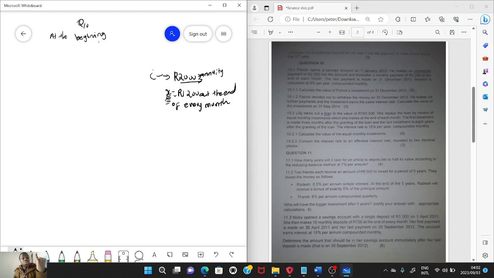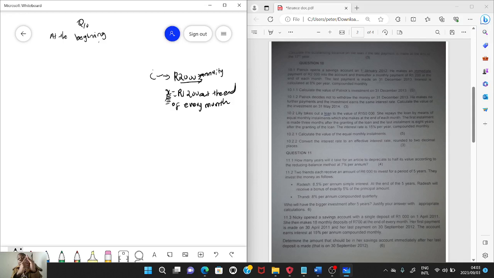I'm speaking about the monthly payment. Let's leave the 2000 because it's a once-off thing, right? So the monthly payment was made at the end of January, at the end of each and every month of 2012. So we have the whole year, which is 2012, right?